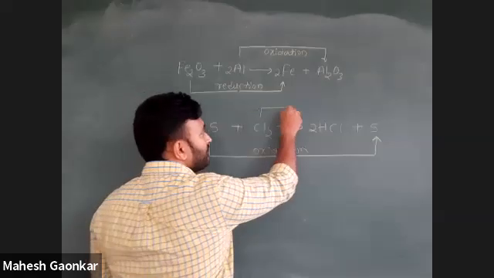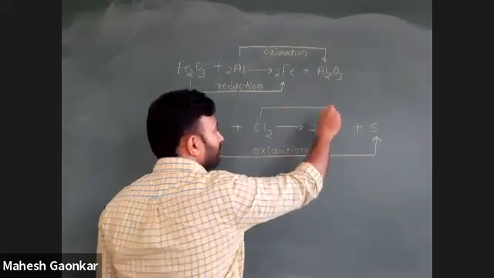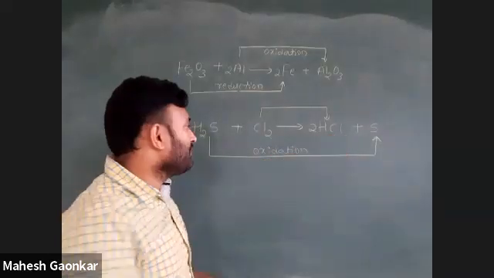Now Cl2. Is there any hydrogen atom here? No, sir. But it is gaining hydrogen atom, right? By gaining hydrogen atom, it is forming what? HCl. That means it should be reduction.